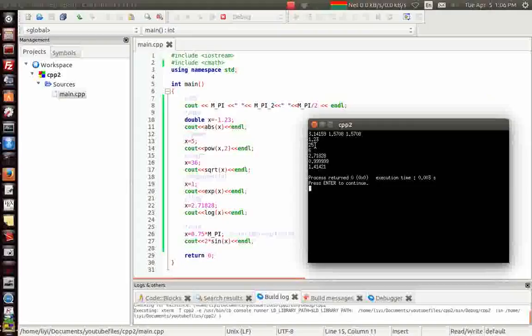Then we have 5 squared, we have square root of 36, we have e to the 1, which is just e, and this one is log e, which is approximately equal to 1, and then the last one is the sine function, which is proved to be square root of 2.